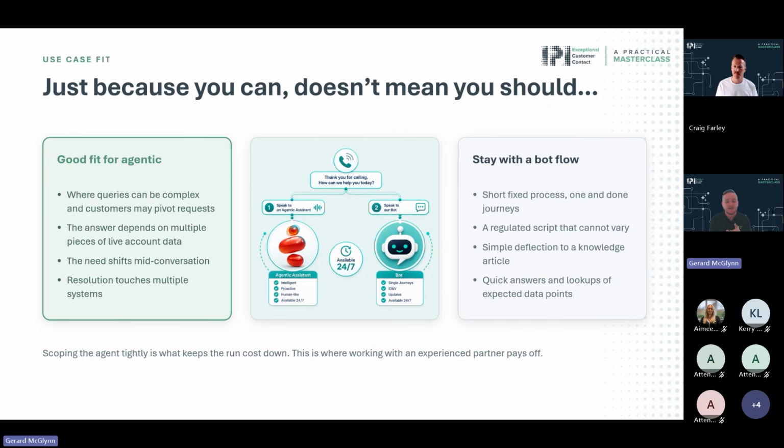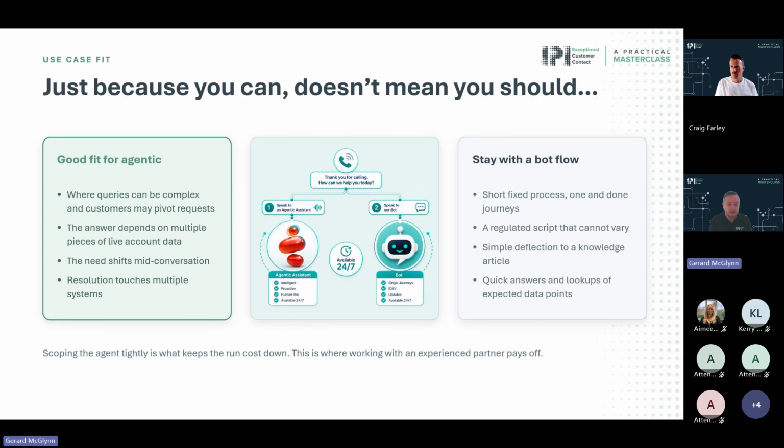No. And this is where you could start to understand, well, what is it that we want to do and what is the right journey for it? So there are quite a lot of things that would still stay with a bot flow versus what would be good for agentic. So if we look at the agentic piece, customer queries can be complex.